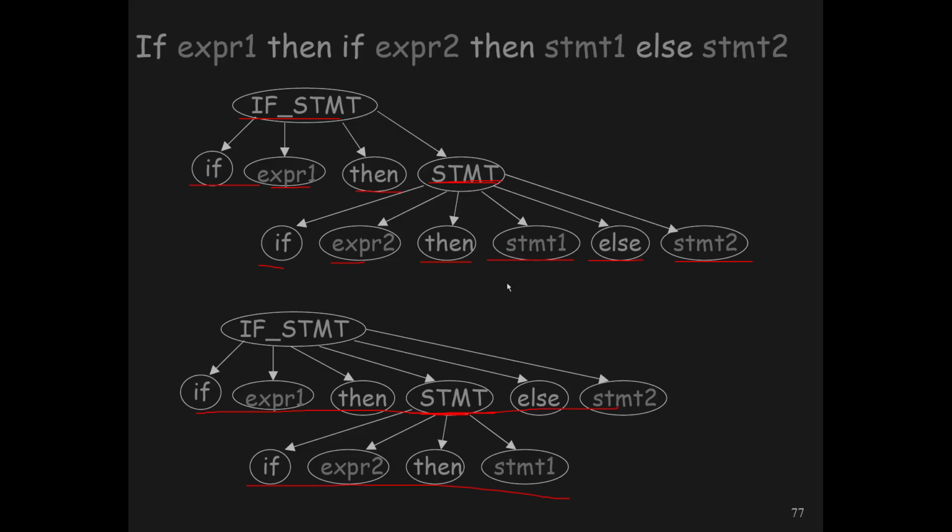And that's the issue, because if you look at the leaves, if expression 1, then if expression 2, then statement 1, else statement 2, okay? And if you read that for the second tree, it's if expression 1, then if expression 2, then statement 1, else statement 2. So it's the exact same string.